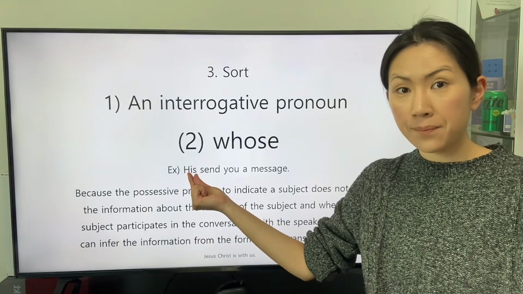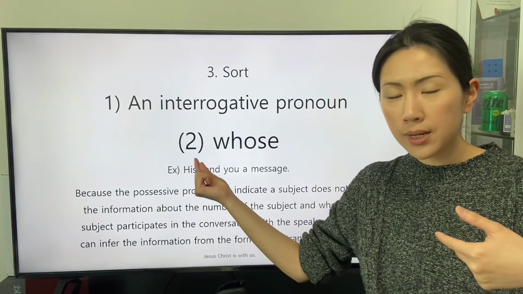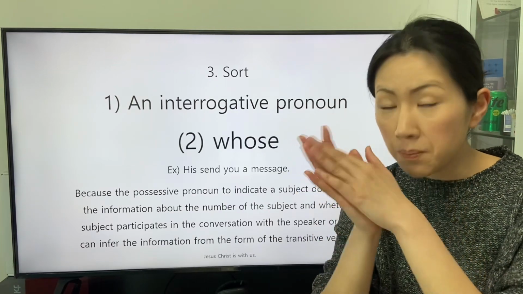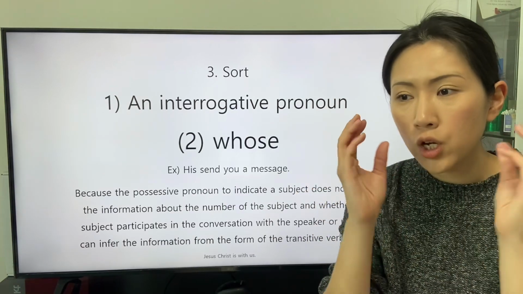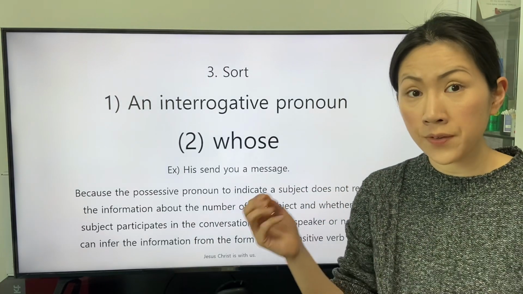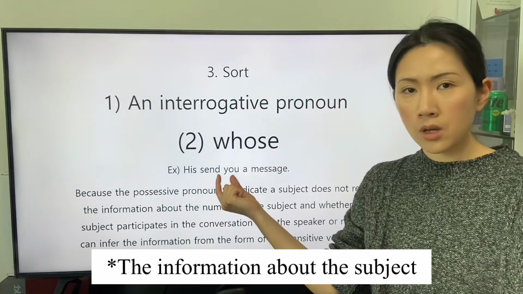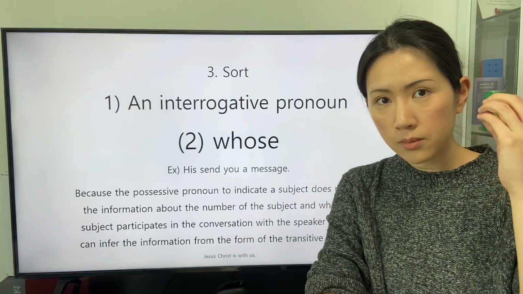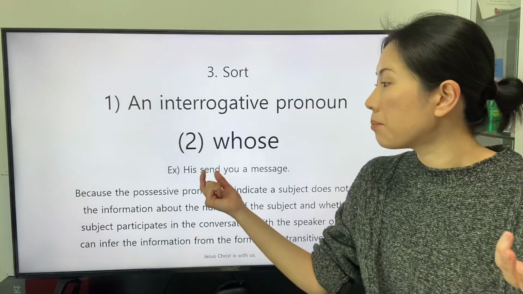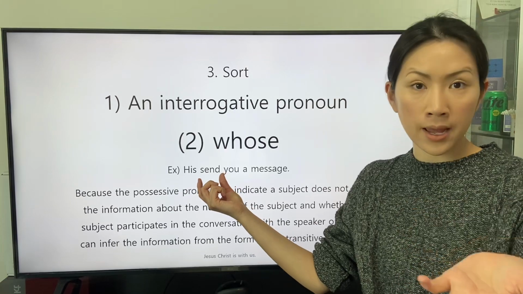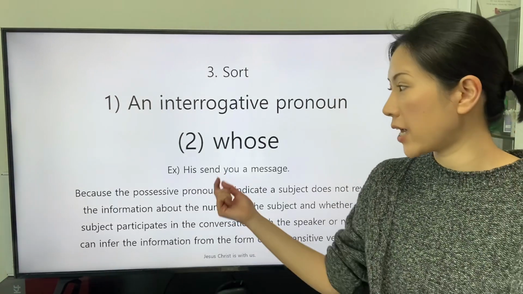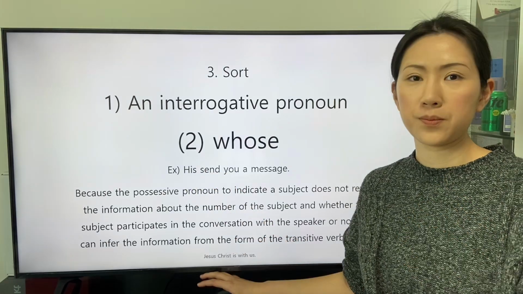The possessive pronoun his to indicate a subject or an object whose number is not figured out is described by the transitive verb send to reveal the information about the subject instead of the subject.